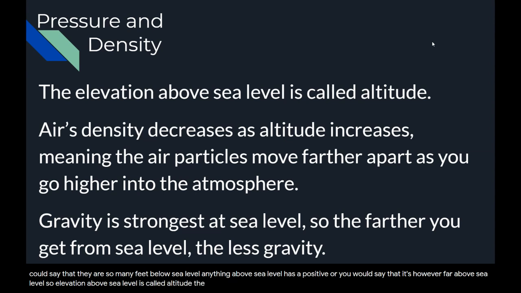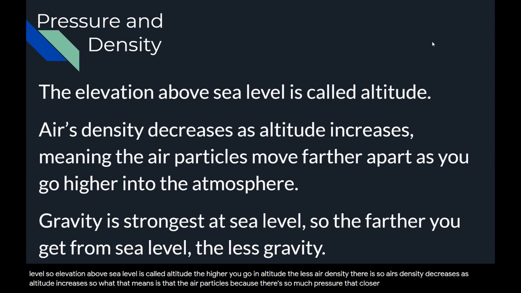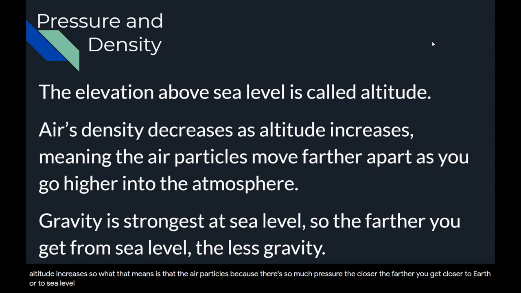The higher you go in altitude, the less air density there is. So air's density decreases as altitude increases. What that means is that the closer you get to Earth or to sea level, the more pressure there is holding the air together, because gravity is strongest at sea level.